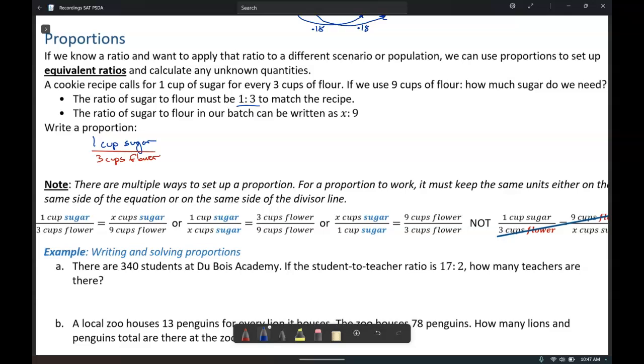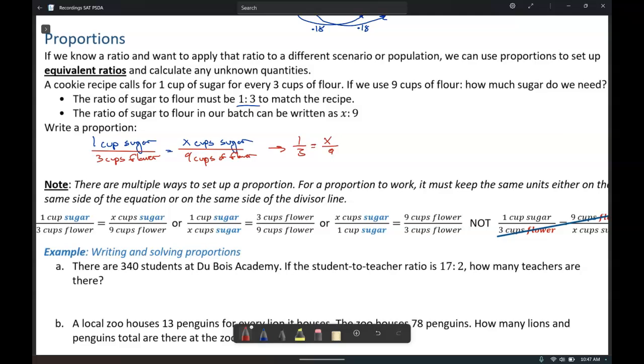And we need to set that equal to the unknown cups of sugar, again to the 9 cups of flour that we will be using. And so we can look at this as equivalent fractions. 1 over 3 has to equal x over 9.